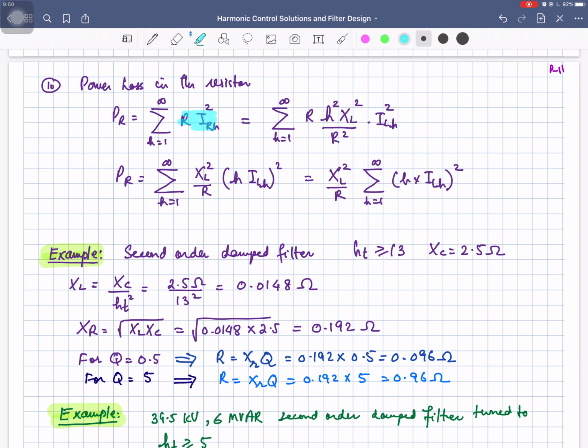So I square R, IRH square into R, and summing it for all the harmonics will give you the total power loss across the resistance. And using the value of IR, we can write it like that. And then if we rearrange this one, finally we can write the power loss in terms of harmonic current, harmonic order, XL and R.